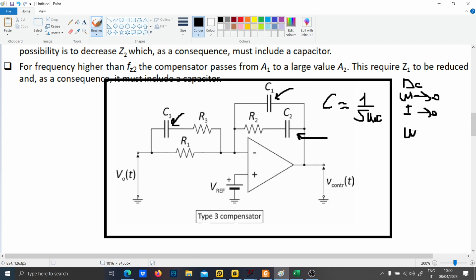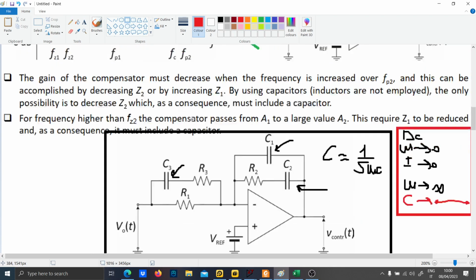But if you put omega to infinity, or a very, very high omega, and C is also small, the capacitor is basically a short. This notion will be extremely useful for studying the Type 3 compensator. So these capacitors C1, C2, C3 can be capacitors, short circuits, or open circuits.